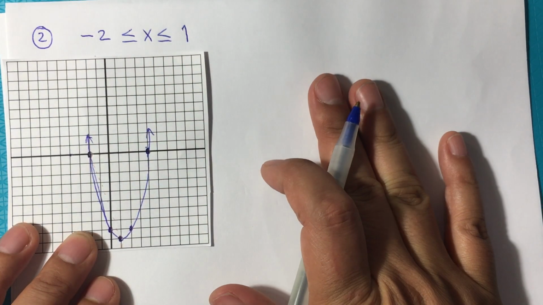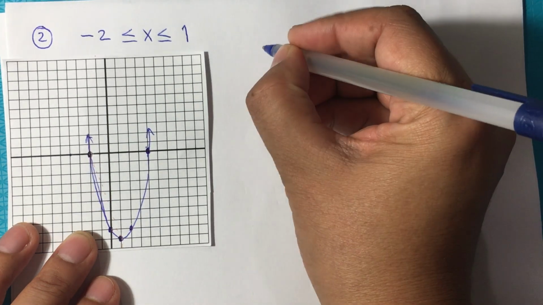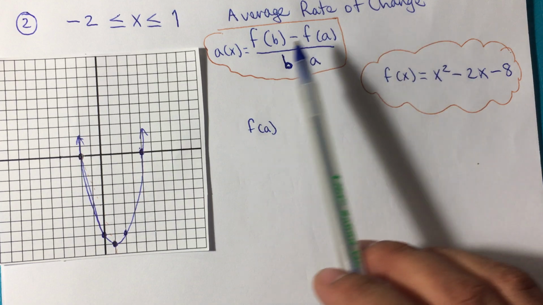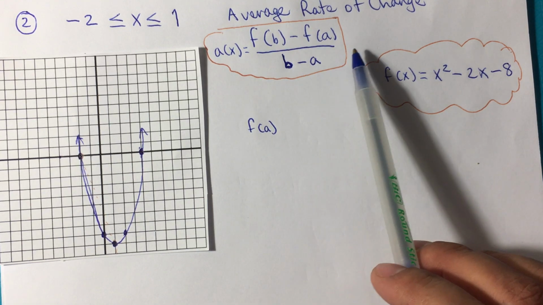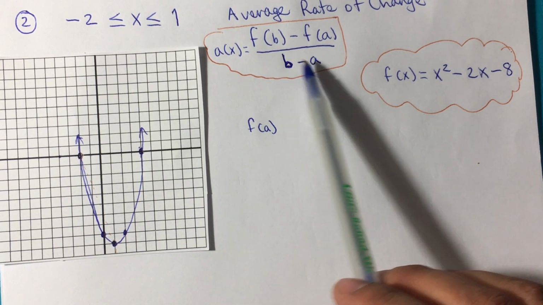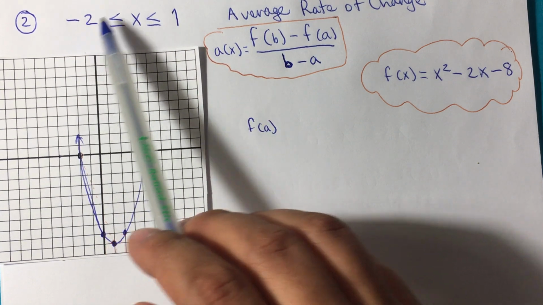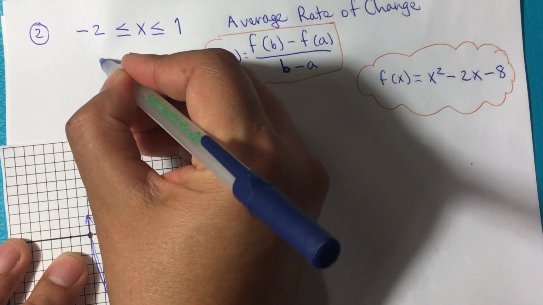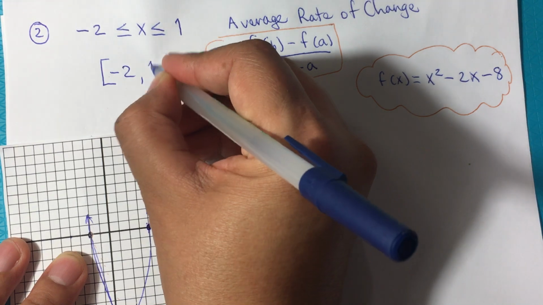Let me write the formulas first so that we have everything in here. The average rate of change formula is f of b minus f of a, divided by b minus a. Again, b and a are these values that they give us for the intervals. This is a, this is b. Sometimes they give you those intervals in brackets, -2 and 1.